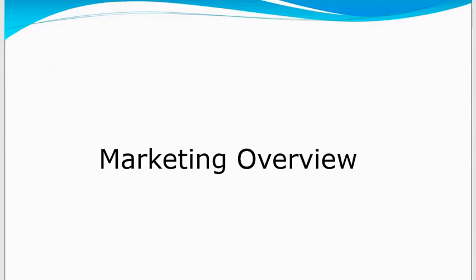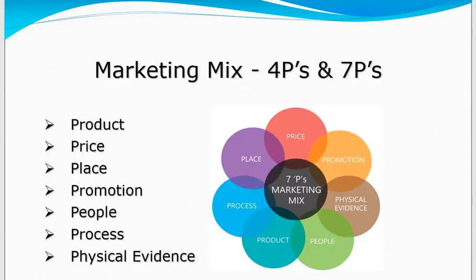Today I'm going to give you an overview of marketing as a part of a business plan. So I'll start with the marketing mix. Marketing mix is in essence the basics, the core of marketing. Marketing mix consists of 4 P's.